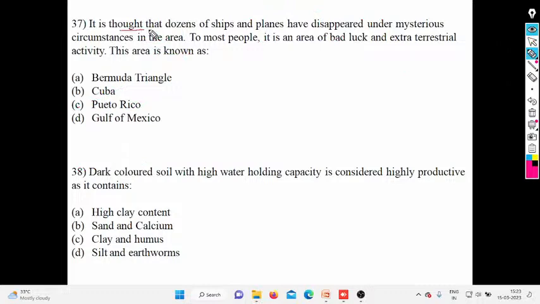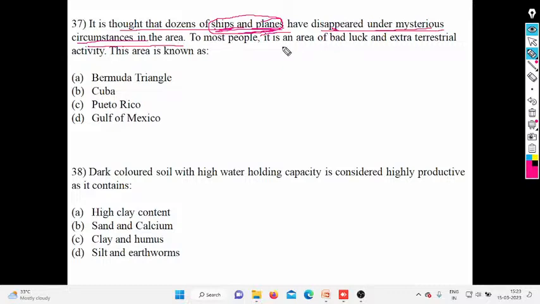Question 37. It is thought that dozens of ships and planes have disappeared under mysterious circumstances in this area.